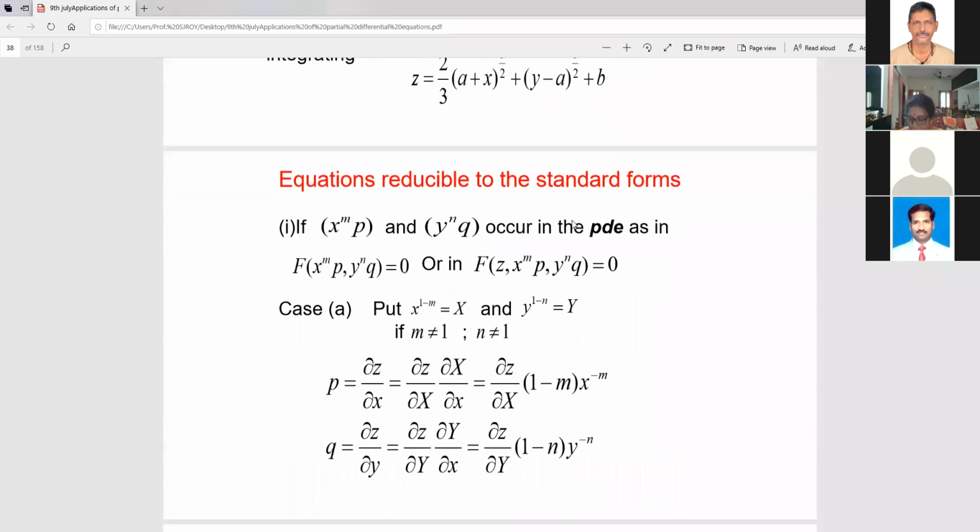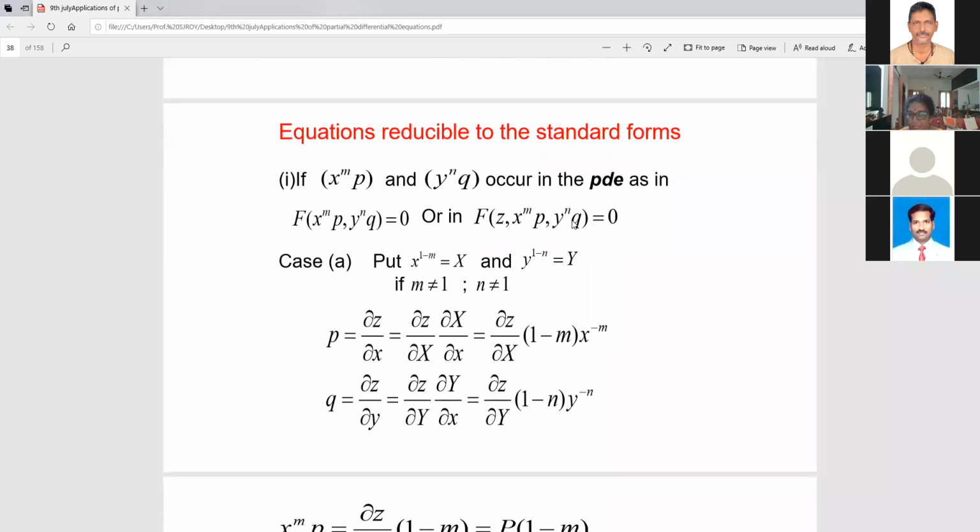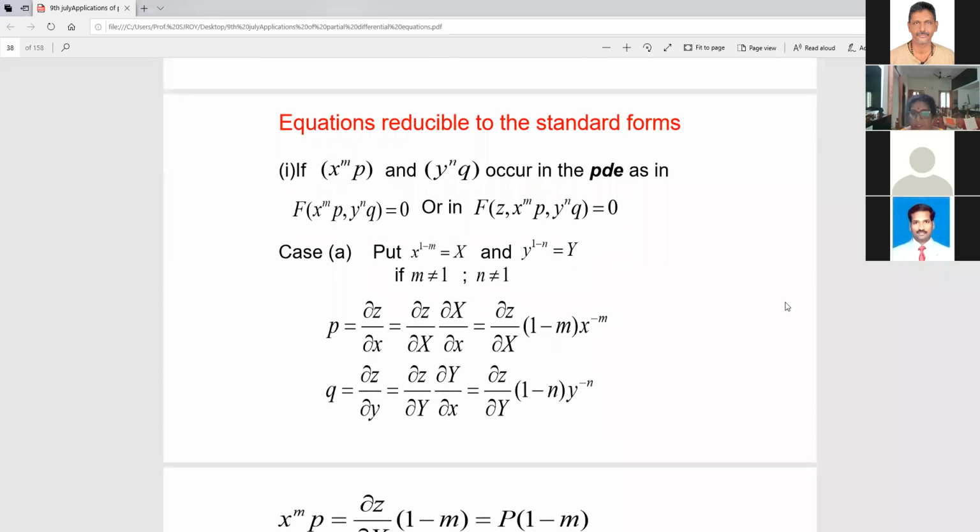Equations reducible to standard forms. If you have some powers along with P and Q, if you have higher powers of X, Y and Z, we can go with this type of transformation. Especially if you give this transformation, we'll be transforming this PDE to the forms we have earlier described, and those things will come into the picture.